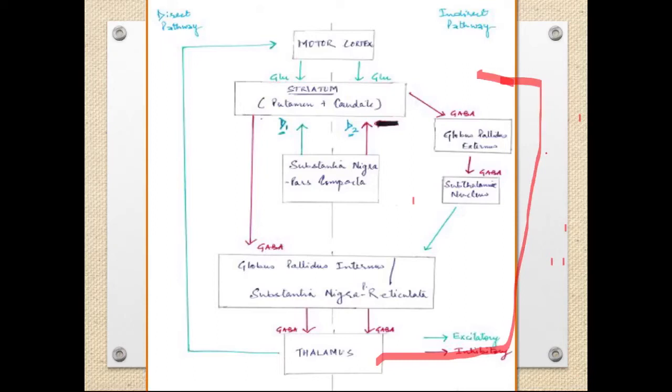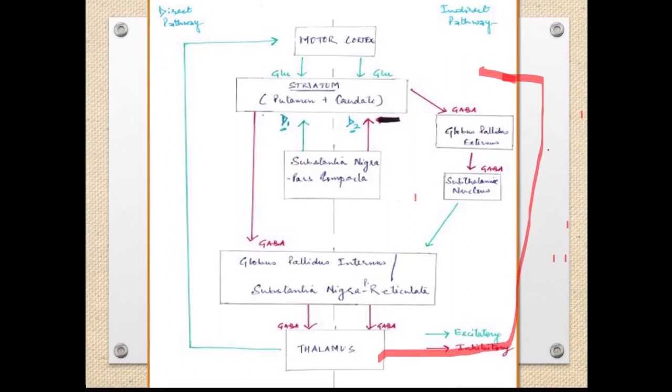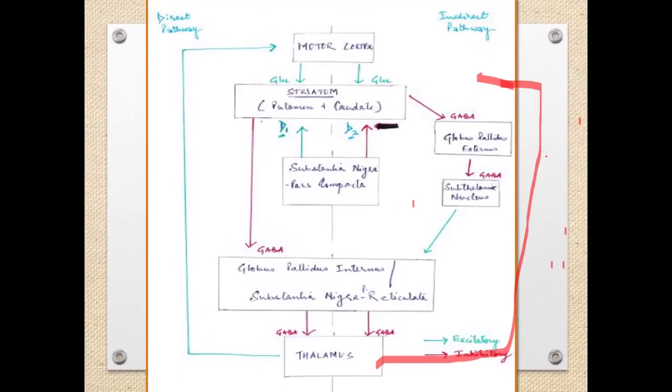And the ultimate output that is going to the motor cortex, what kind of movement is supposed to happen? It should neither be increased nor decreased. So that balance is maintained. That's why there are two pathway connections. If we want to perform any kind of movement, it should neither be very slow nor very fast.